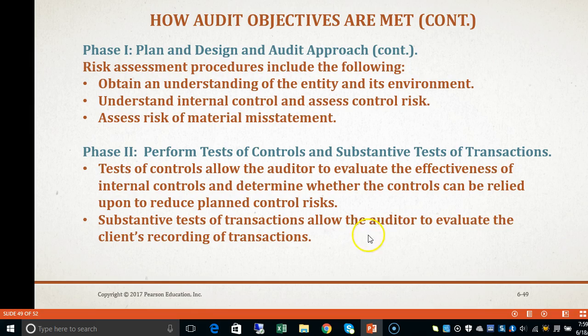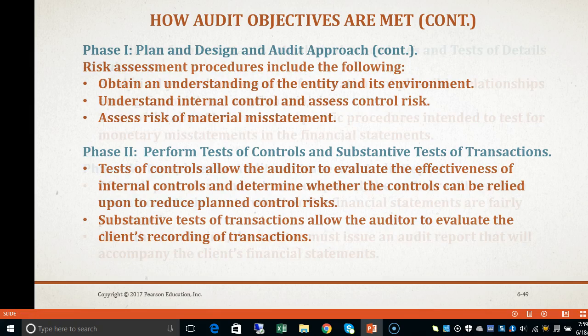Subsequent tests of transactions allow the auditor to evaluate the client's recording of transactions. So here, the auditor will actually go in and test the different transactions that are recorded on the books. Again, that's where evidence comes in, and that's where controls come in.